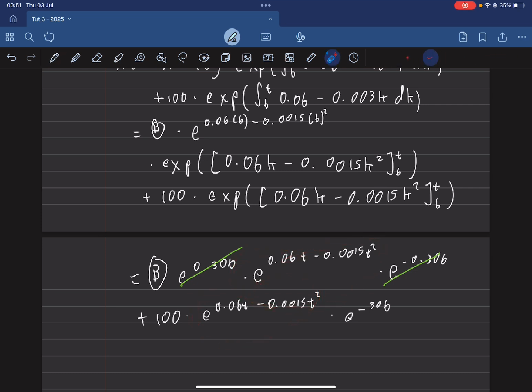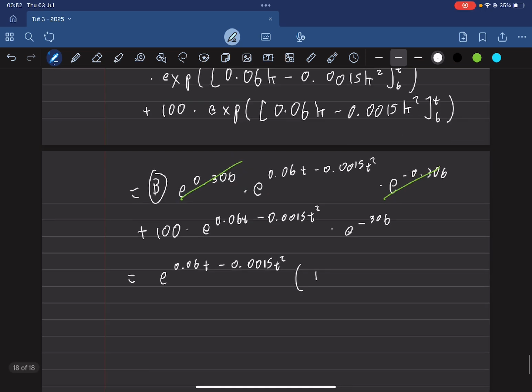So we get that. And then what I'm going to do is I'm going to actually factor out this. And then we'll be left with, so I'm going to factor out e to the 0.06t minus 0.0015t squared. And we're going to be left with b plus 100 times e to the negative, well, it should be 0.306.